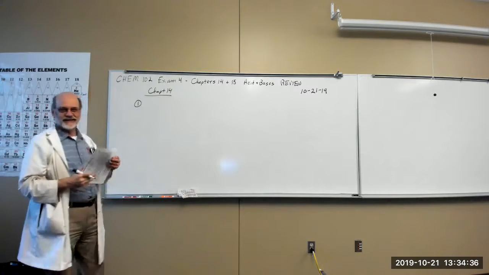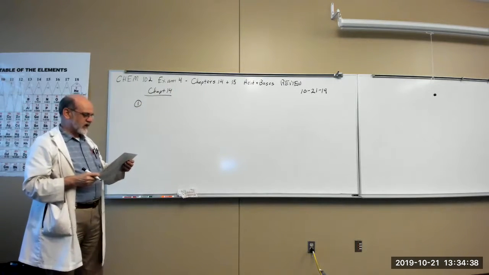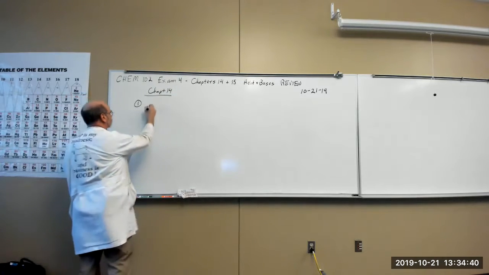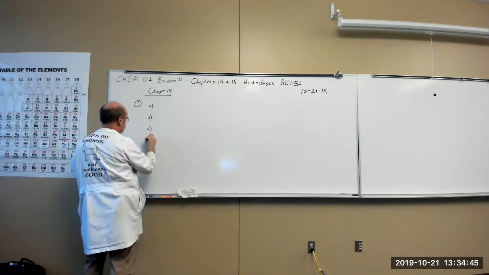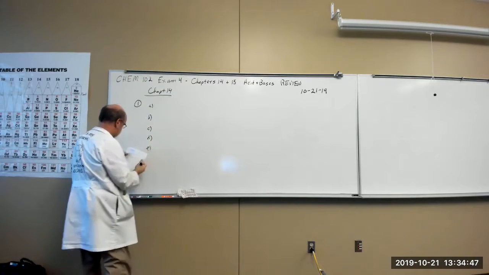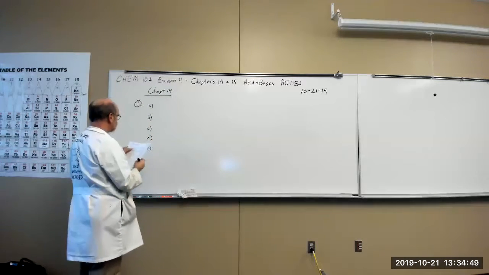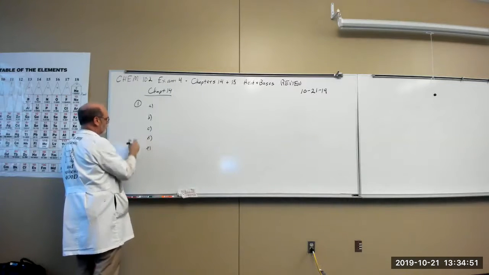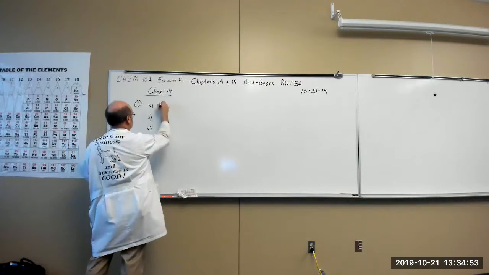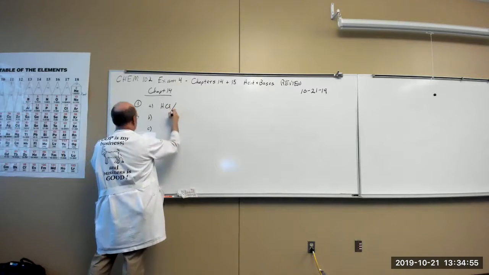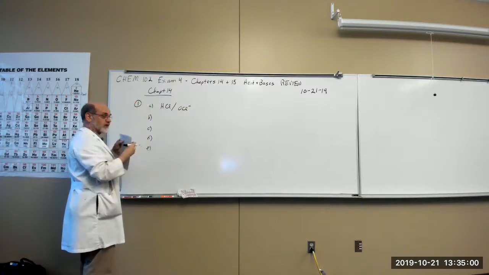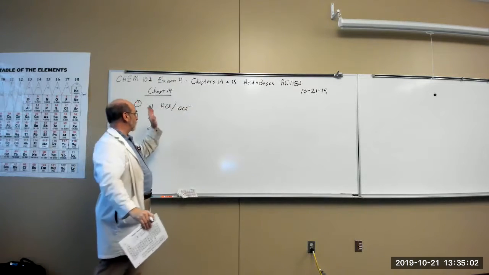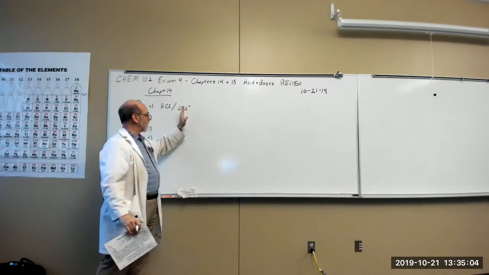Number 1, which of the following is a conjugate acid-base pair? D and E is more than one. So let's see if there's only one or more than one. How about this one? HCl and OCl minus. When they say acid-base pair, that means that's the acid, this is the conjugate base.